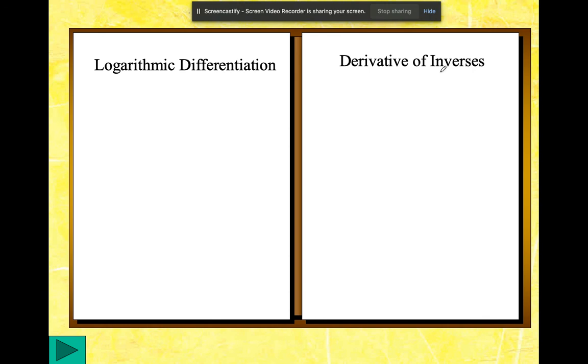Here's the page for the derivative of the inverse. This year, we will not put it on the Unit 3B test, but it is tested on the AP exam. So it's good to have it in your little book.